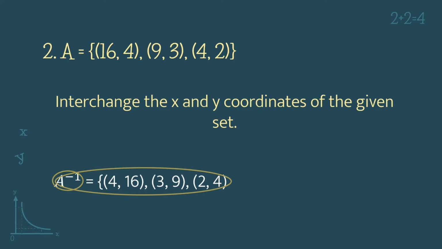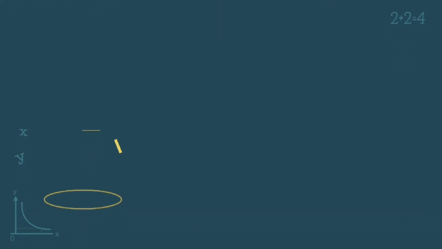And now we have our final answer. The A with an exponent of negative 1 here is what we will use to denote that it is an inverse, instead of g of x as what we usually use when the given is an equation. Since solving sets of ordered pairs is easy, we have more examples that are equations coming up next.